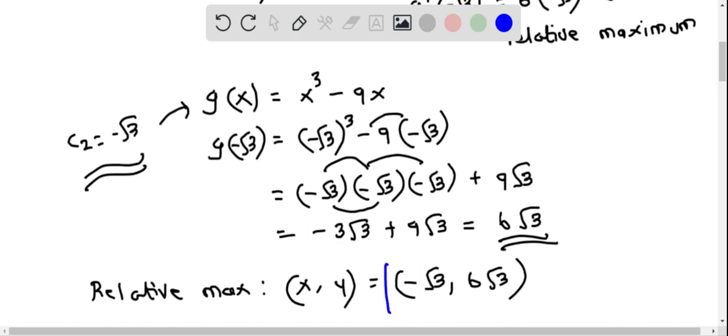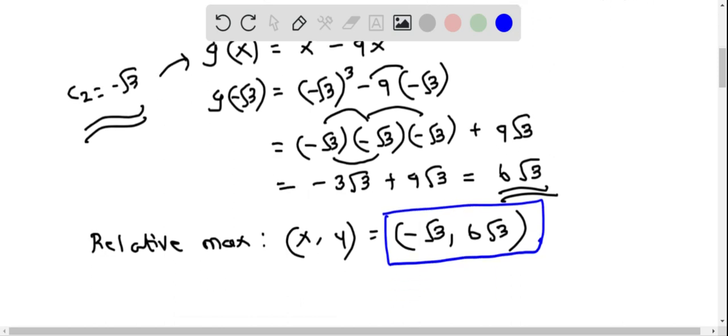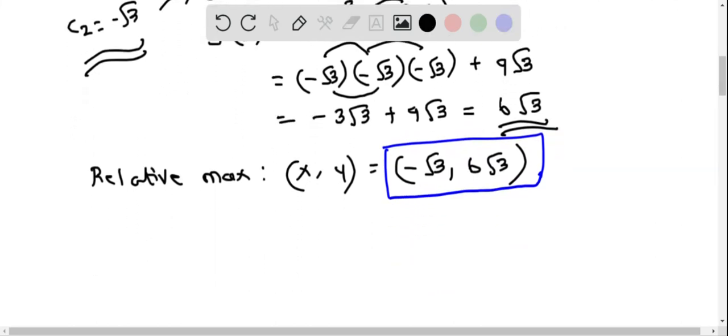So this is the relative maximum coordinate. In fact, we can also give this in decimal representation. The decimal equivalent of x comma y is negative 1.732 comma positive 10.392.